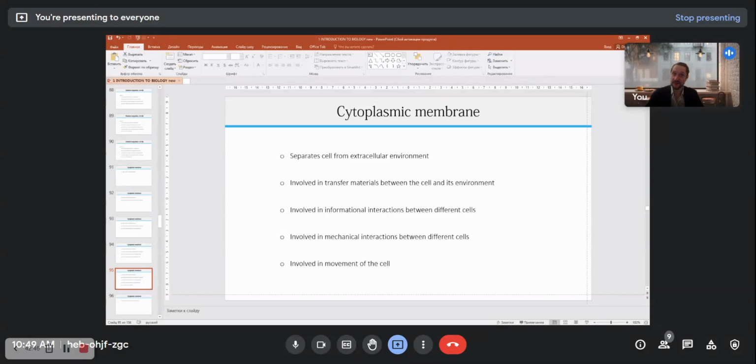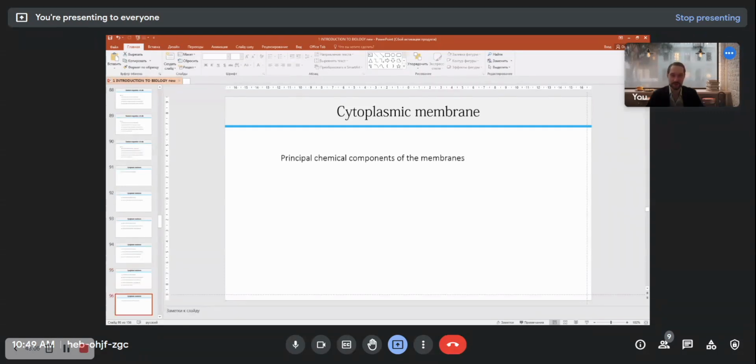And if some cell has to migrate to different locations, this cellular movement is also achieved with the help of the cell membrane. The cell membrane is an important player in cell movement.